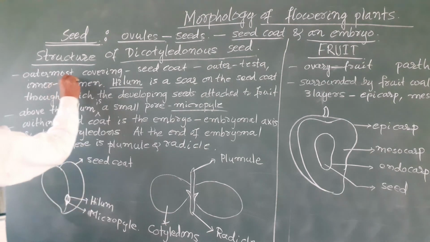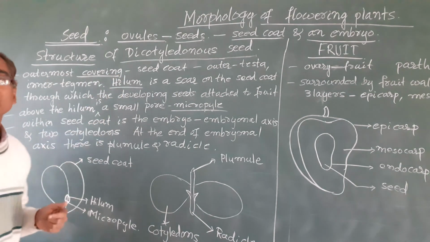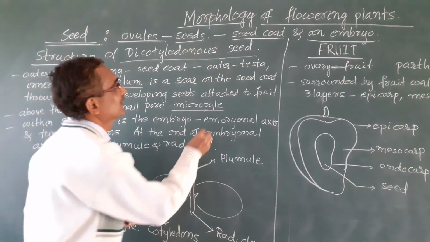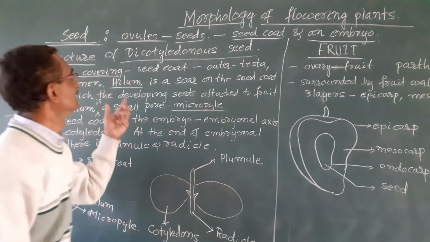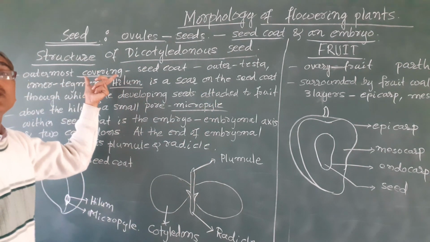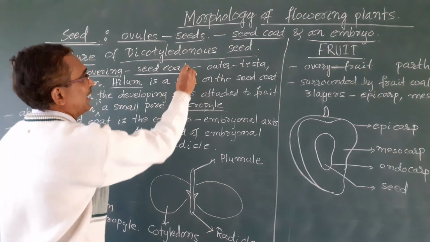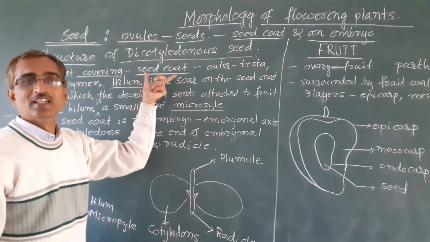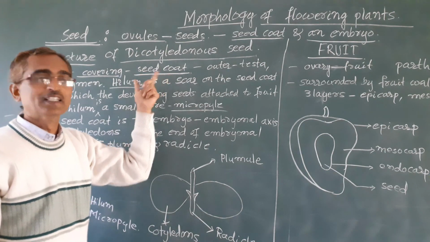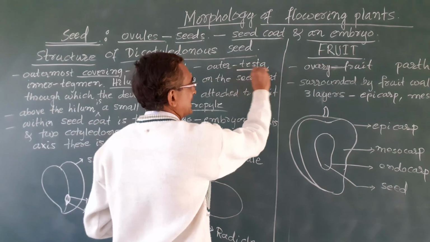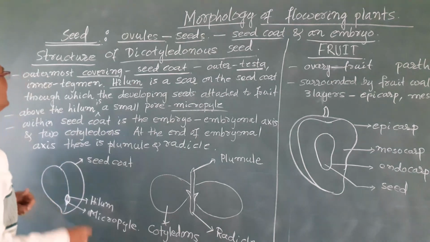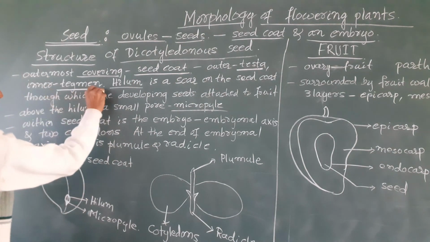The outermost covering of the seed is called the seed coat, and this seed coat is made up of two layers. The outer one is called the testa and the inner layer is called the tegmen.